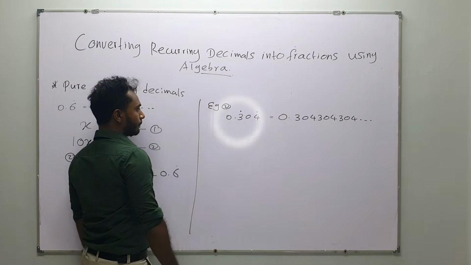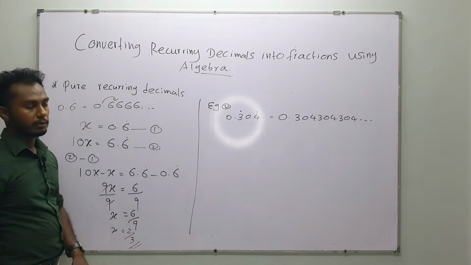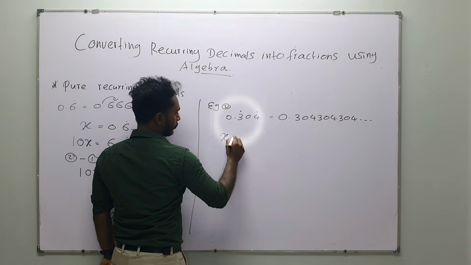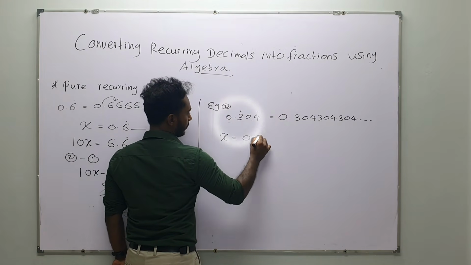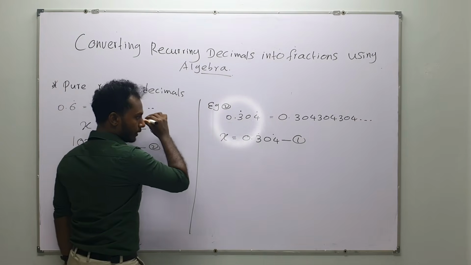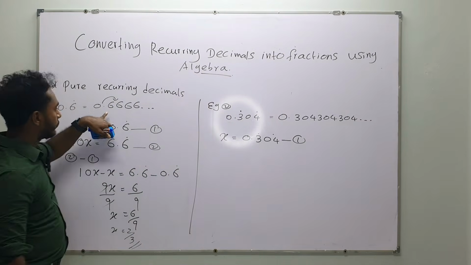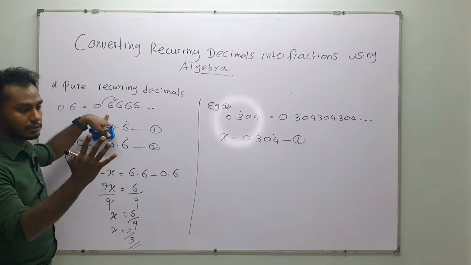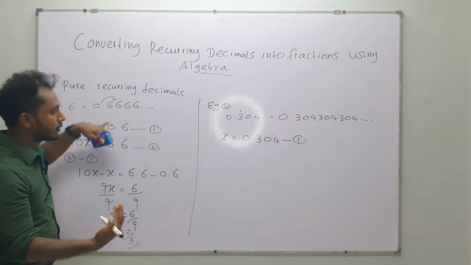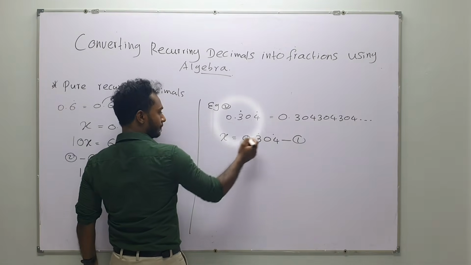What is the first step of doing this? We are going to make it equal to x. Now x equals 0.304 recurring. This is equation number 1. Earlier we had only 1 digit. Now we have 3 digits. Then we have to get all 3 digits to the left side of the decimal place. Now we have to multiply this by 1000, right?